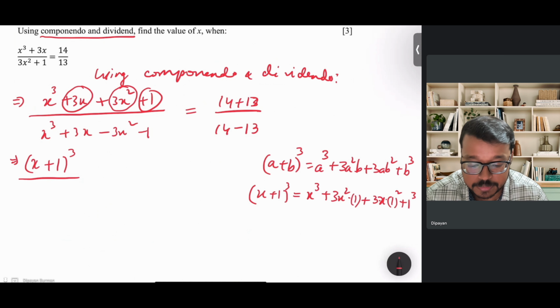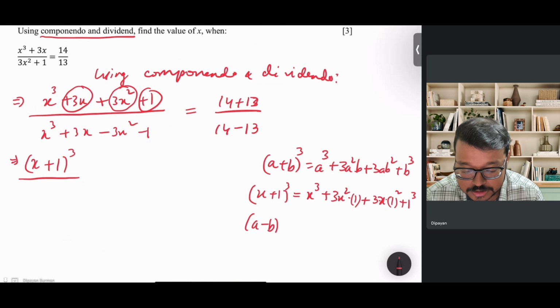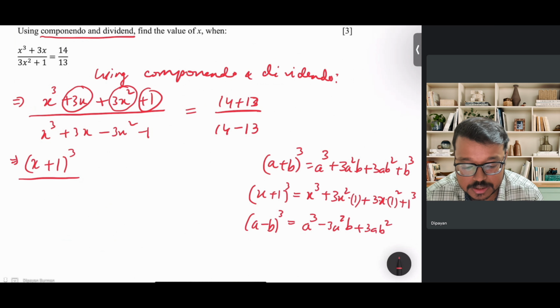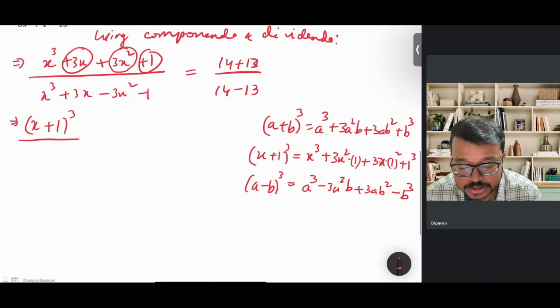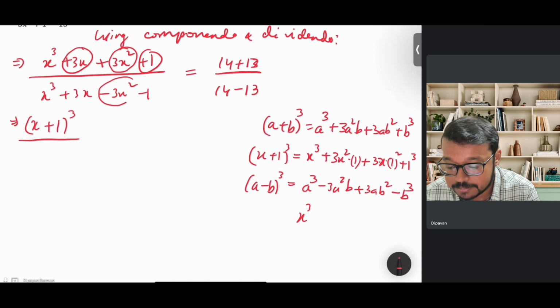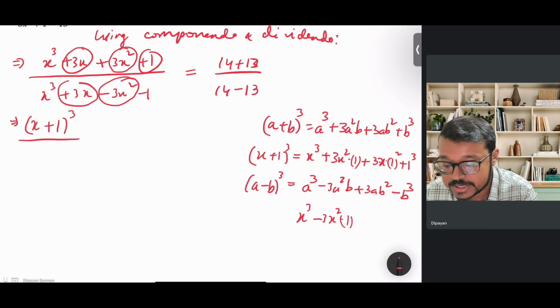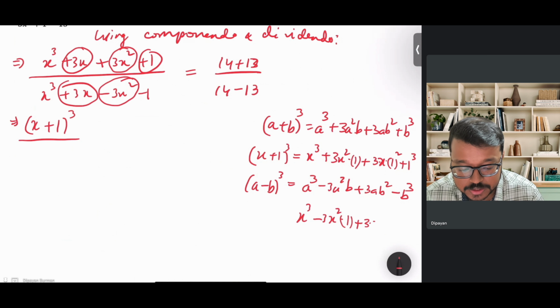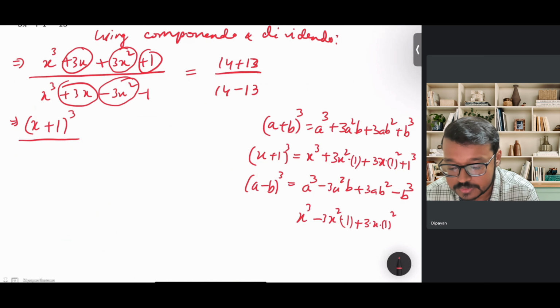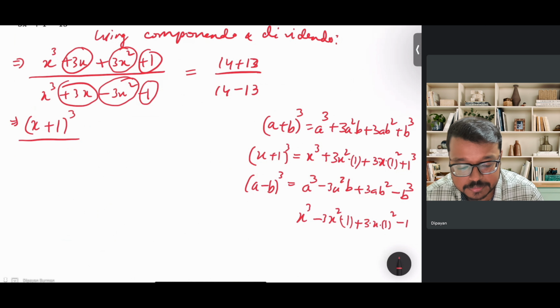And if I look at the denominator, it is similar to a minus b whole cube, which is same as a cube minus 3a square b plus 3ab square minus b cube. So if I look at the expression that we have, instead of a cube we have x cube, and if I look at the minus 3x square term, it is same as minus 3x square into 1, and the plus 3x is same as plus 3 into x into 1 square, and the constant minus 1 is same as minus 1 cube.